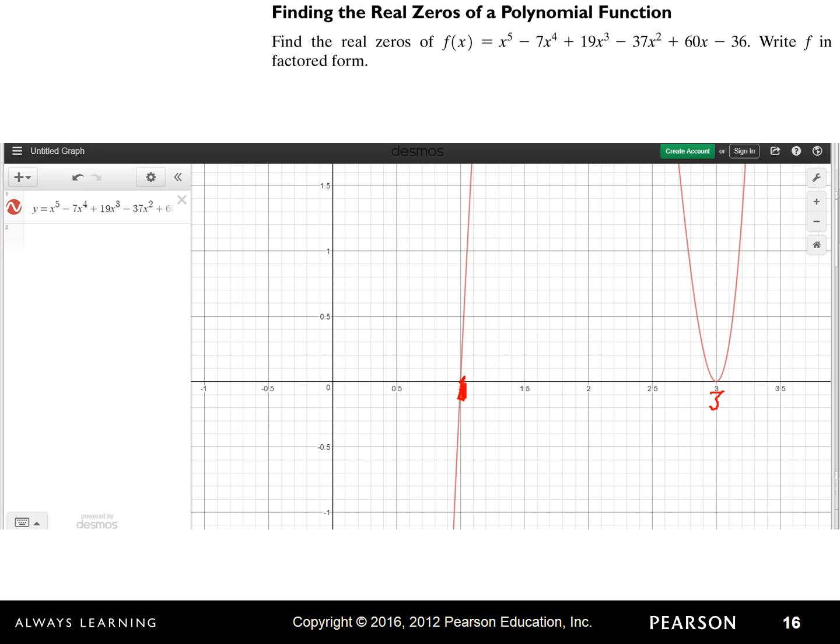But the behavior at 3 is different. Because it doesn't cross the x-axis at 3, it merely touches, what we're anticipating is that 3 is a double root, a double x-intercept and a double solution, a double 0 of f. That is a 0 of multiplicity 2, right?